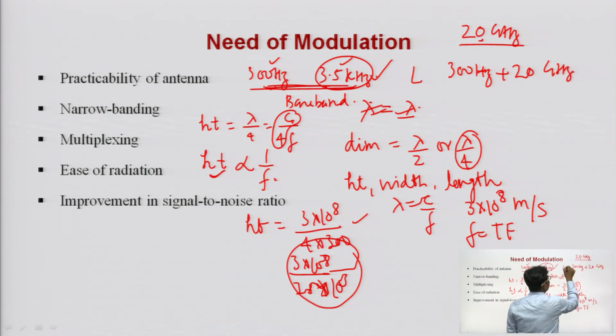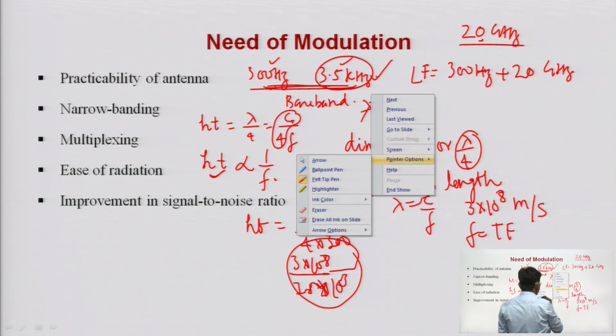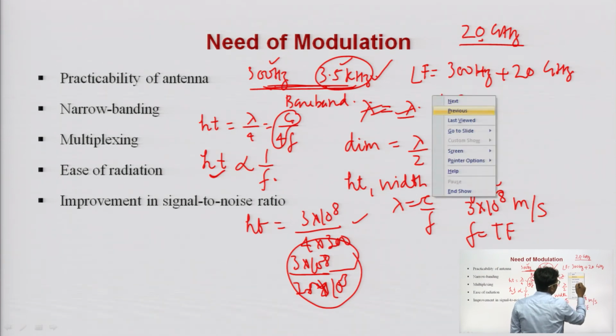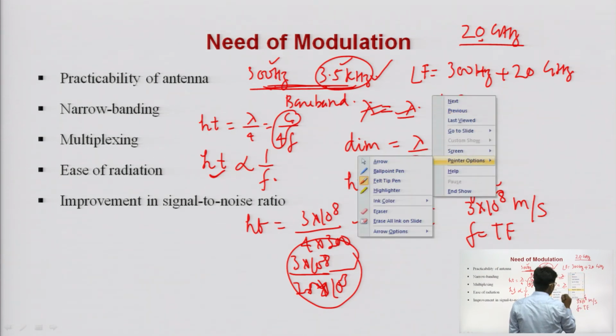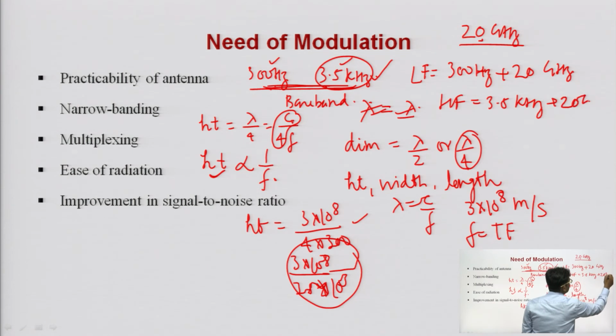This is the lowest frequency in the modulated signal, while the highest frequency component will be 3.5 kilohertz plus 20 gigahertz.